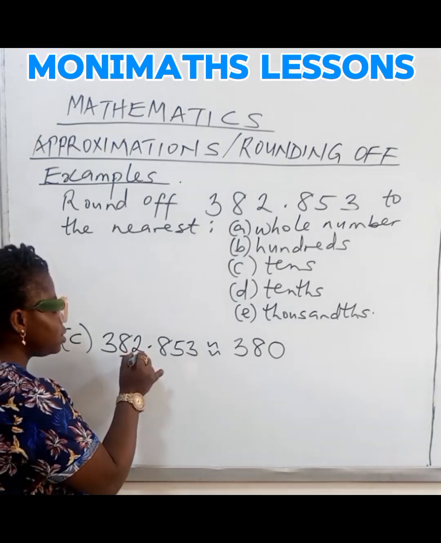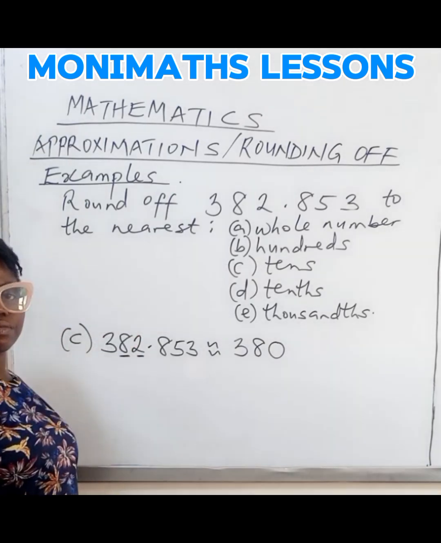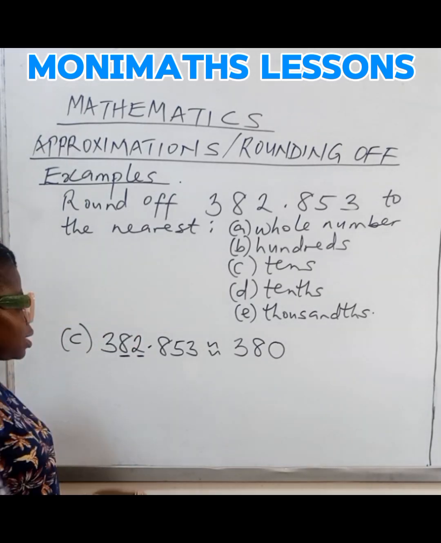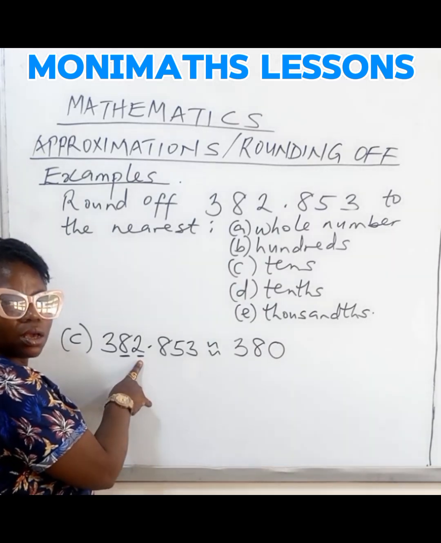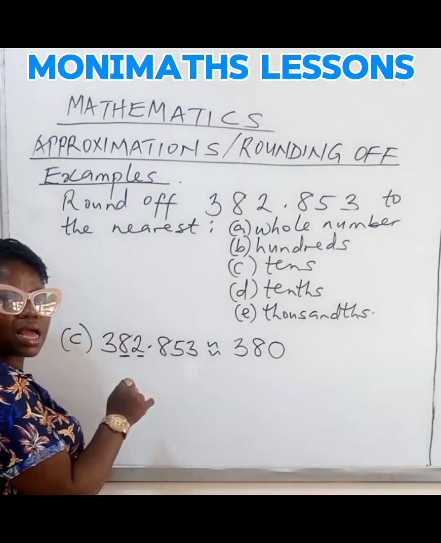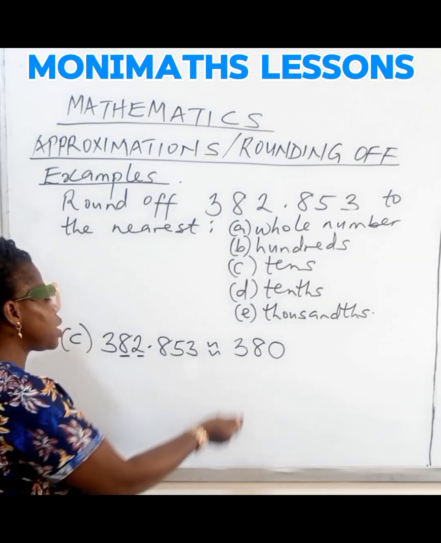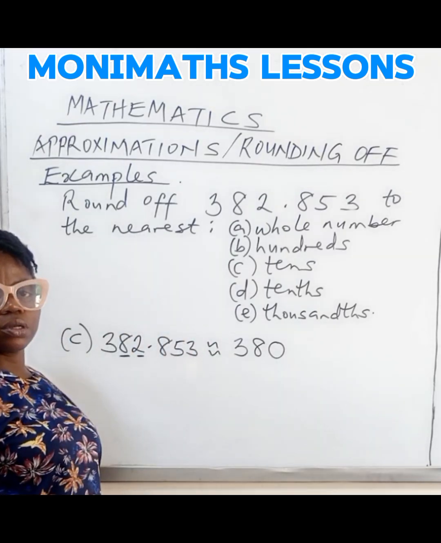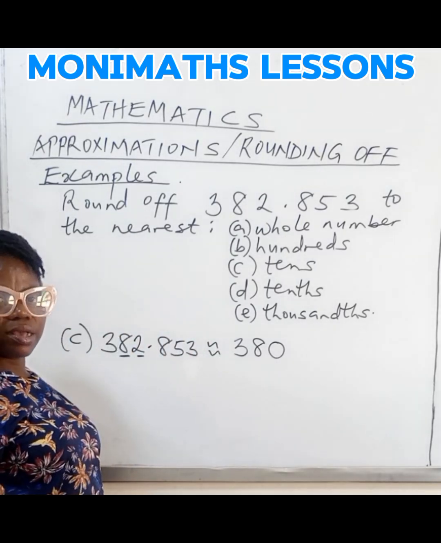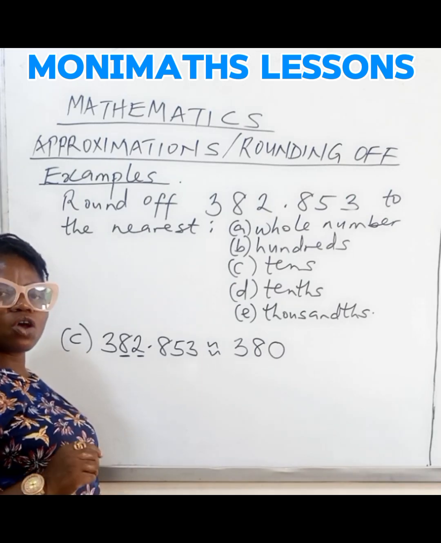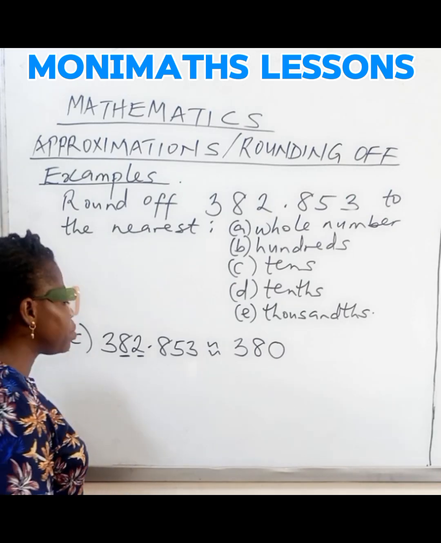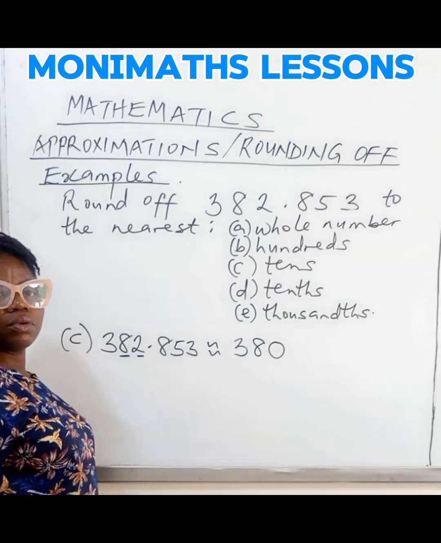I will look at the digit immediately after the tens, and that is 2. When the digit immediately after the tens is up to 5, it will be rounded up as 1 upon the tens. But when the digit is not up to 5, it will be rounded down.